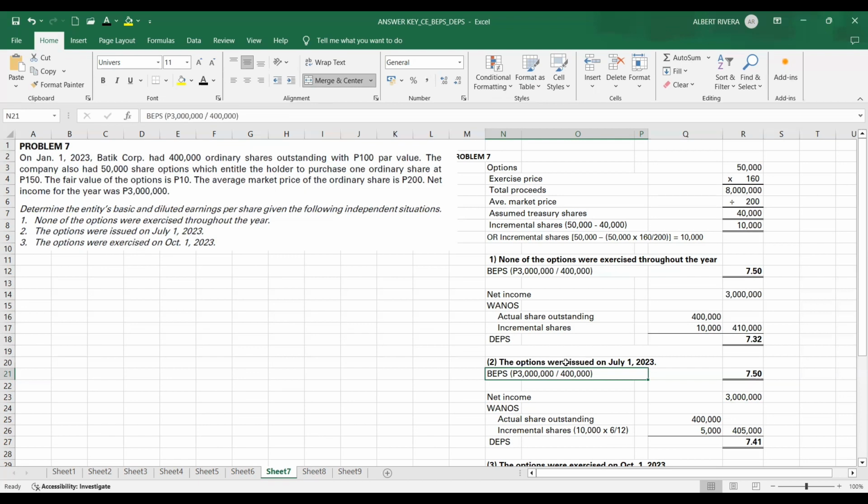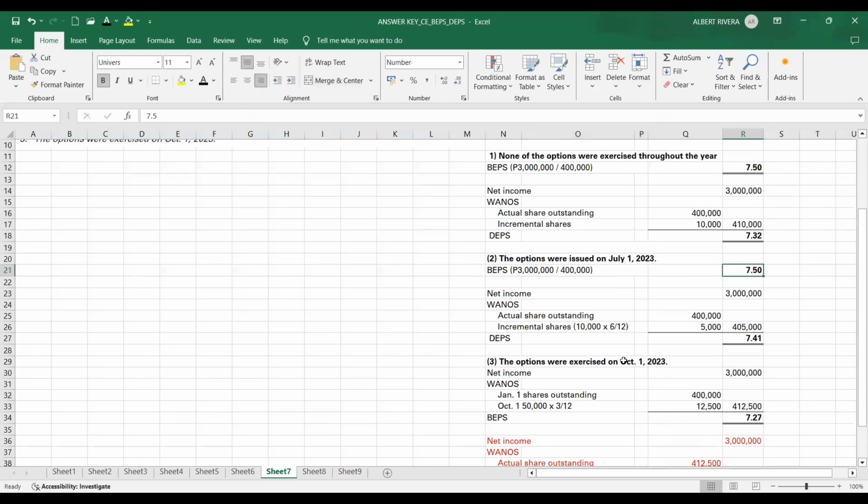Wala namang preference shares, kaya wala kang preferred dividends. Diba? The numerator is net income minus preferred dividends divided by 400,000. Since 400,000 is outstanding for 12 months over 12, and there are no additional shares. So this is 400,000. So this is 7.5.